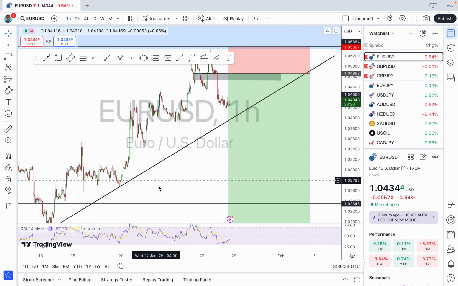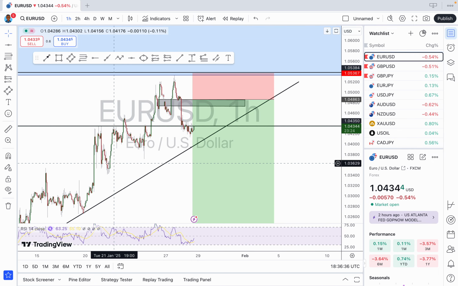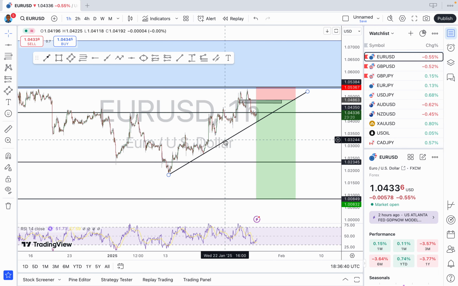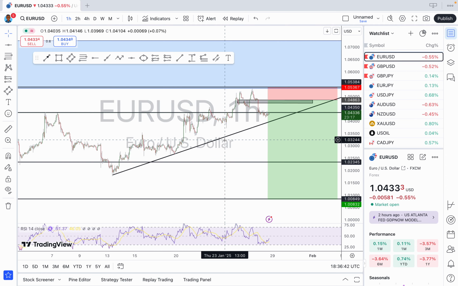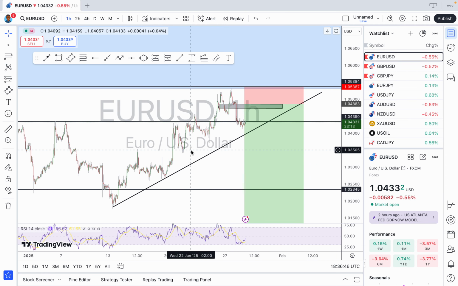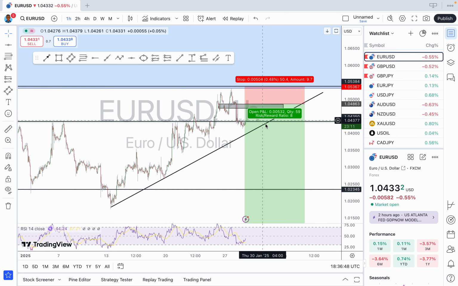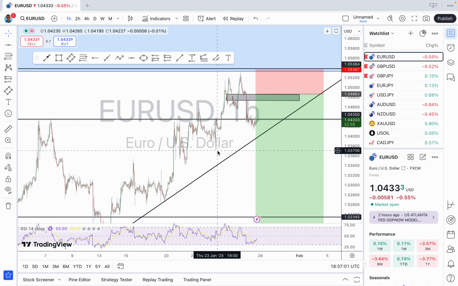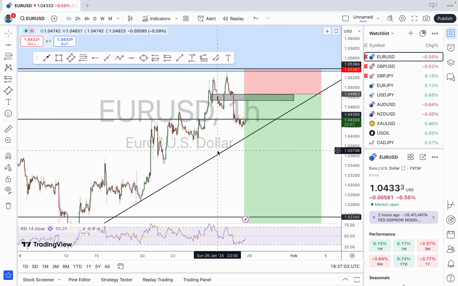The conservative approach, however, would be, as you can see, this counter trend line is here. So a conservative approach would be to wait for a break, retest of the trend line and back down. That would probably be my entry for my conservative approach.